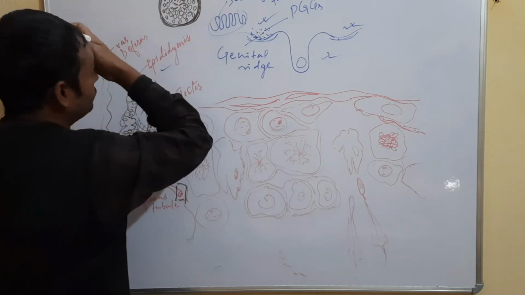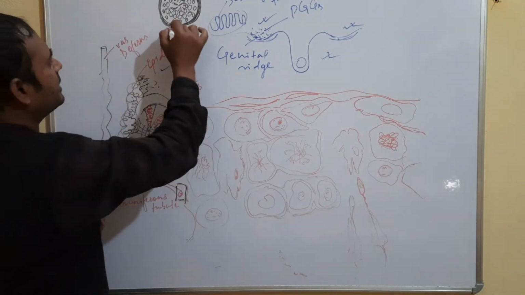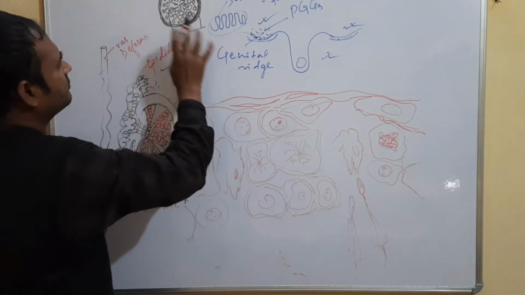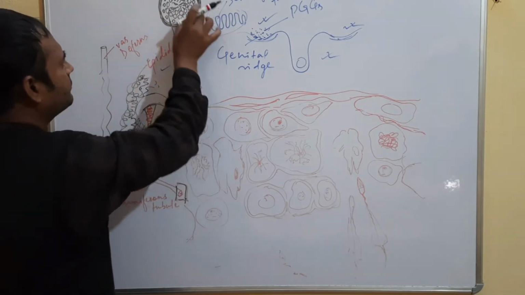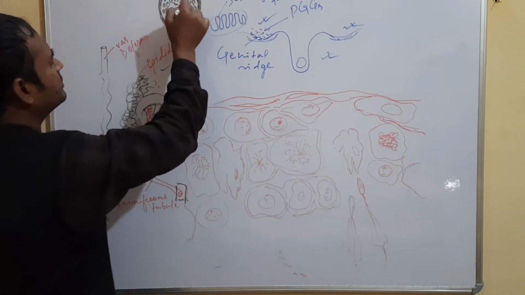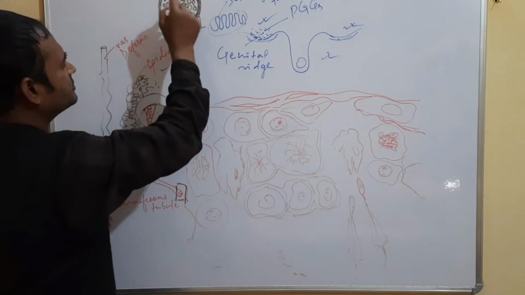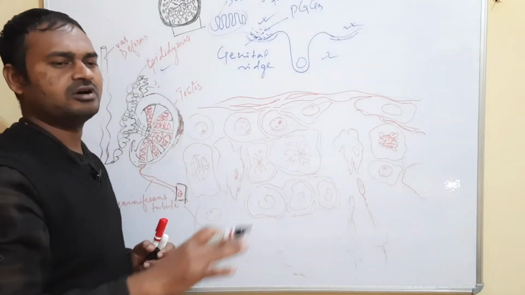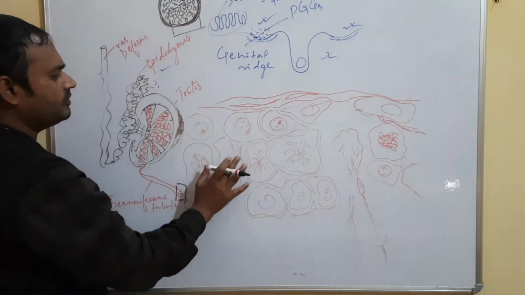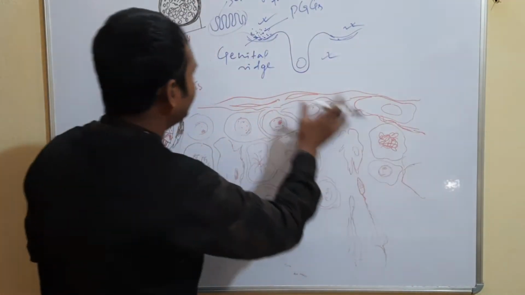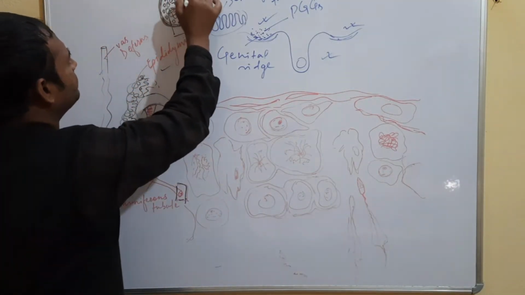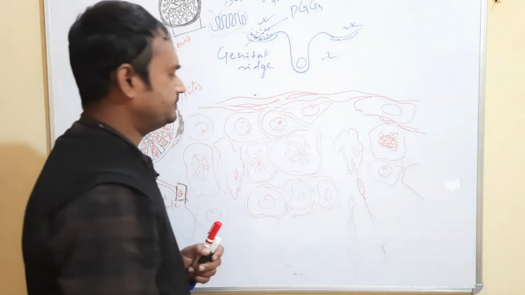Okay, so after taking the section of this area, this is the hollow part, and it is surrounded by various types of cells, various stages of the sperm cell. Okay, so after taking the cross section of this area, we found something like this. I am just showing you one part, and this part we have taken into consideration.